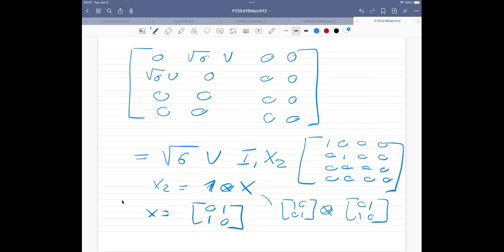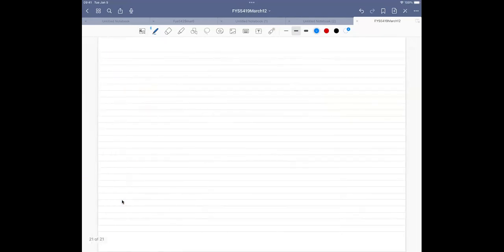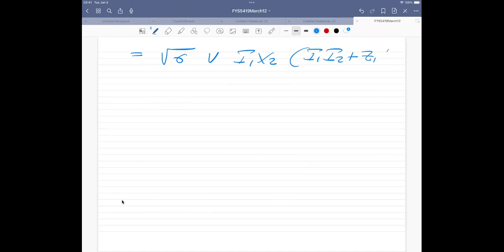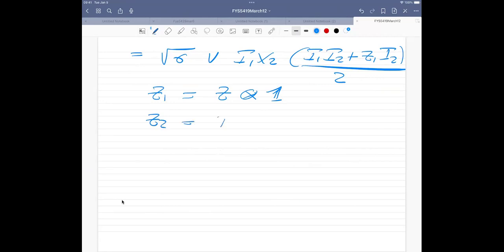And if I look at this one, this can then be rewritten in terms of a set of matrices, which looks like 6 times v, and then I have this I1 multiplied with x2, and then I have an I1, I2 plus a, and this is something I can rewrite in terms of a Pauli matrix, and this is an I2 here. So these matrices here, like a Z1, that is the same as Pauli Z tensor product with identity matrix. I'm going to set up these terms here.